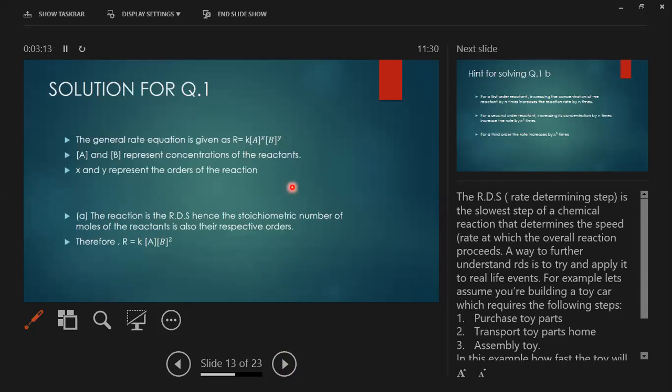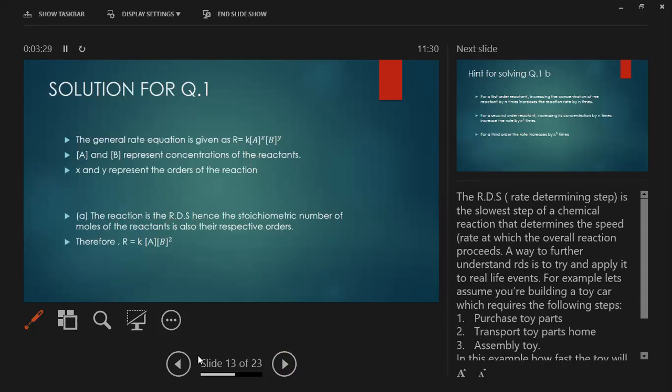So when you read the question and you've been told that the reaction is RDS, then the stoichiometric number of moles of the reactant is also their respective orders. That is in the equation.